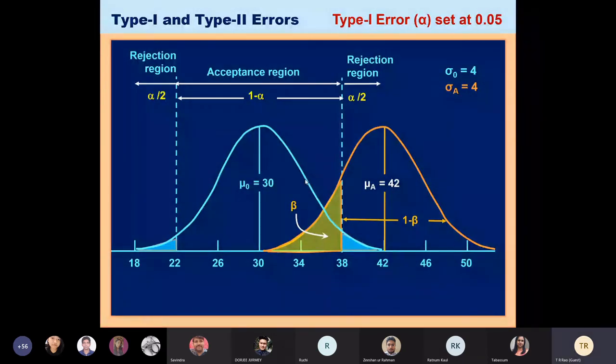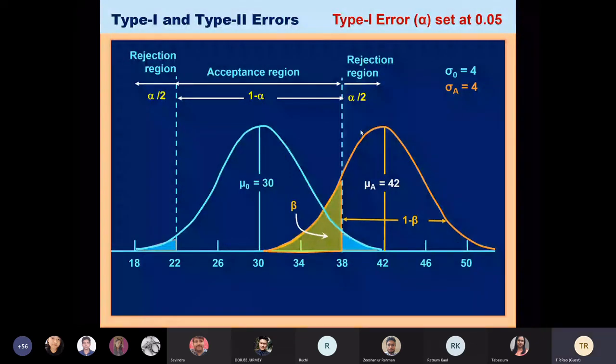Whatever is in this region, 1 minus alpha region, we are going to accept. So this portion also, values we are going to accept. We made this mistake because we are accepting certain observations as true when it is actually false. You got it?